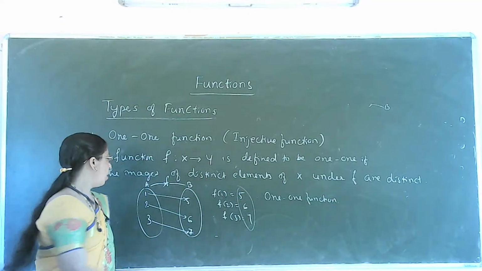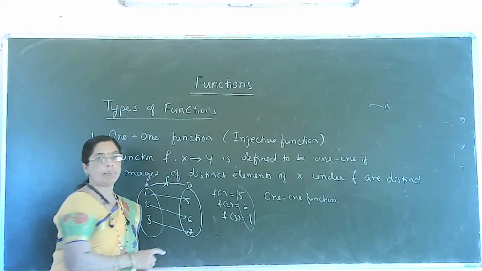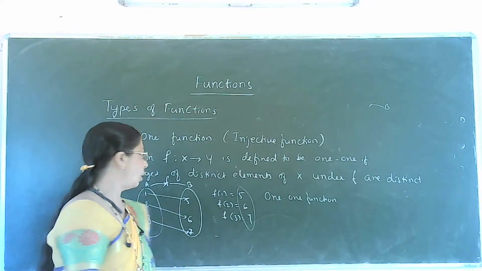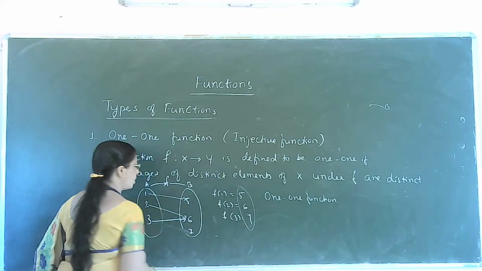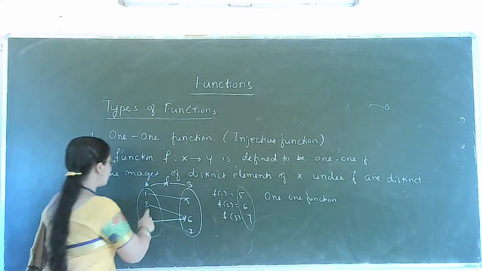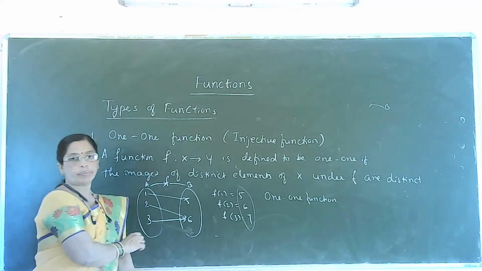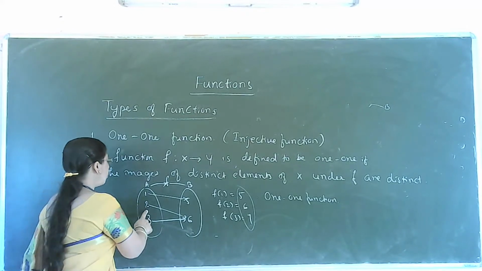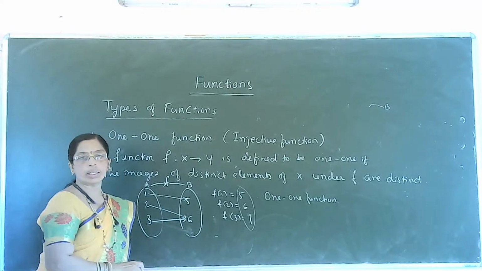Every element of A should have a separate image in B. But if 2 and 3 both have the image 6, here the image of 2 is 6 and the image of 3 is also 6.